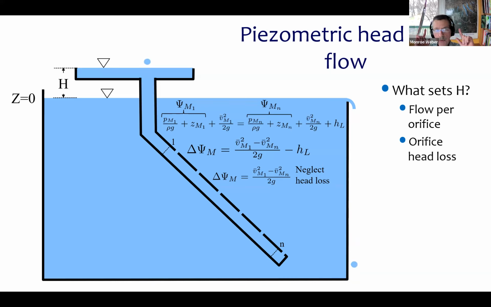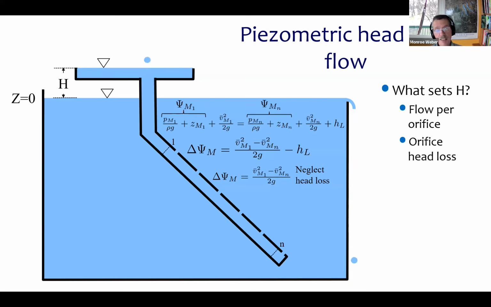So did you see what happens? Because water in the pipe is slowing down as it goes down the manifold, the piezometric head is actually increasing. And that means that the last port gets more flow coming out of it than the first port.